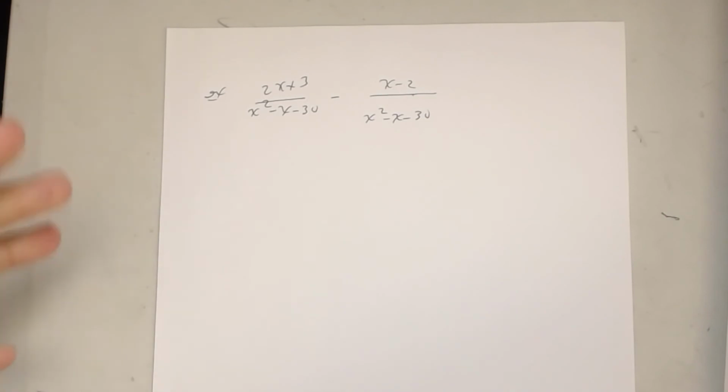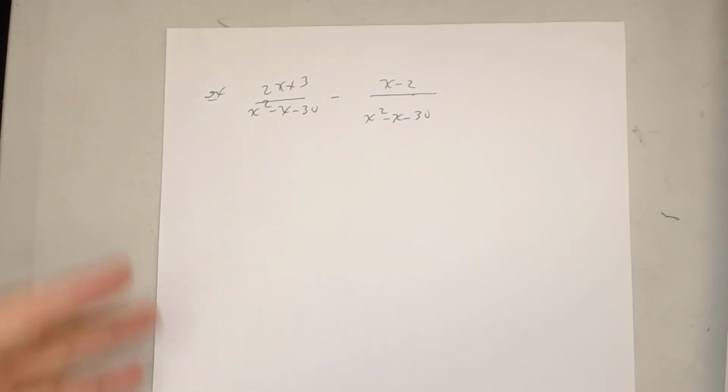So remember, when we talked about that, all you're doing here is subtracting those two rational expressions. When adding or subtracting rational expressions, what did we discuss? Your denominators have to be the same.